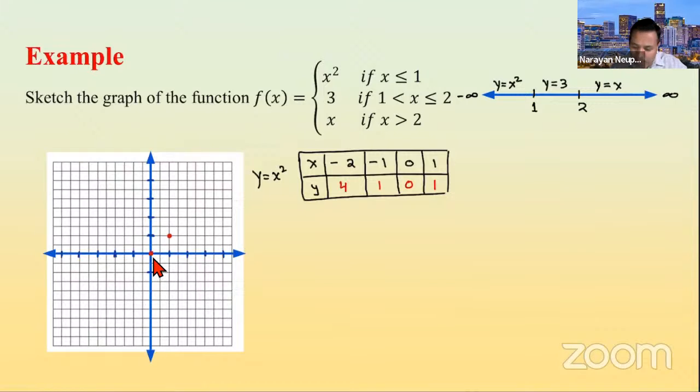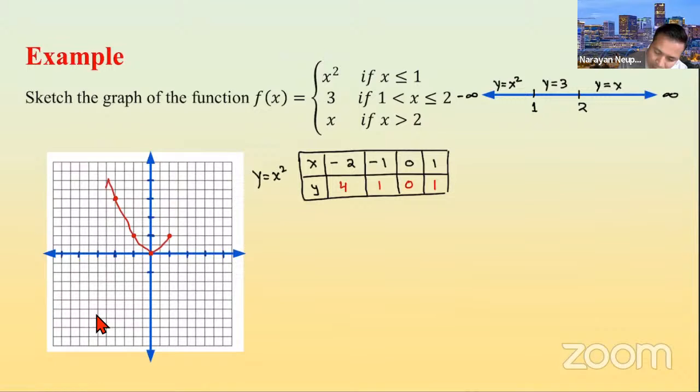Next one is -1, 1. Here is -1, 1. And then finally, we have -2, 4, which will be up there.